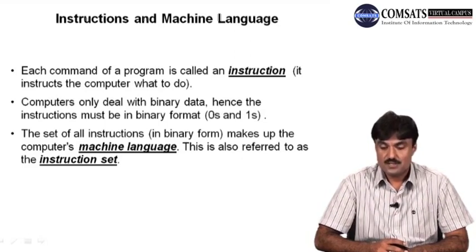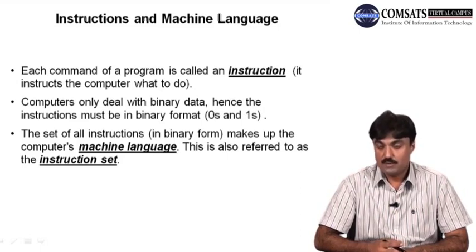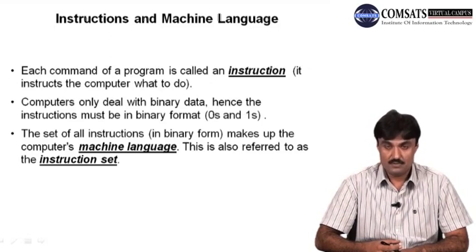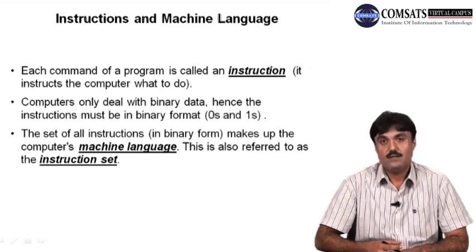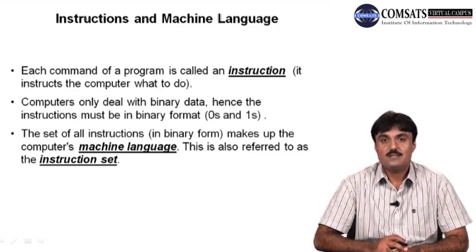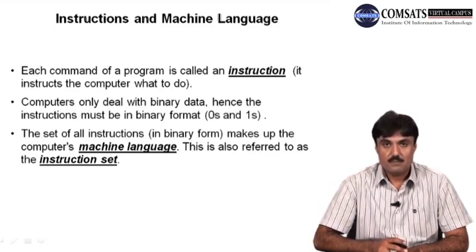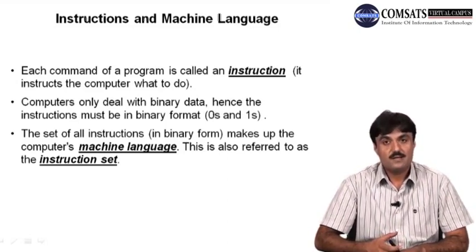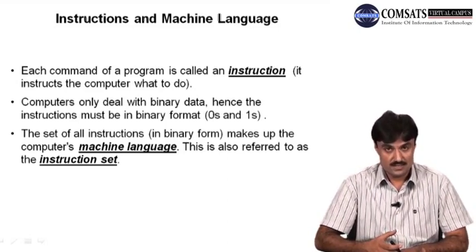So this machine language has all the instructions in binary format, in the form of zeros and ones, and they form the complete list of instructions that can be executed on a machine, and that complete list is called the instruction set.